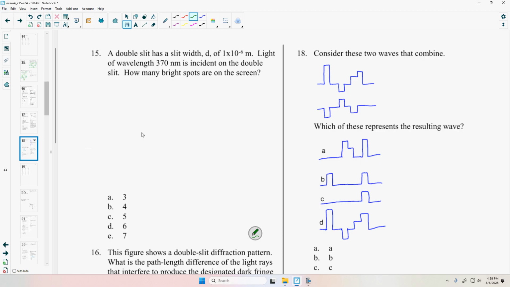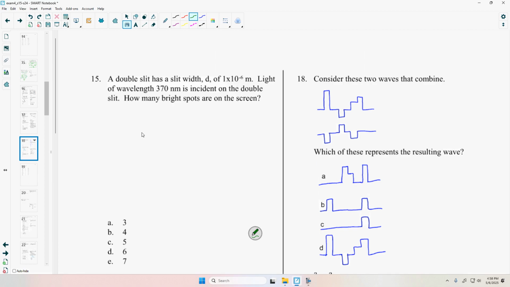Okay, you'll see a question like this. If I ask you how many bright spots are on the screen, what you need to key in your mind right away is that theta is equal to what? 90 degrees. Because at 90 degrees, that's where I stop having bright spots on my screen. Because if you imagine the light coming towards the screen, when I'm at 90 degrees, it's no longer going towards the screen.